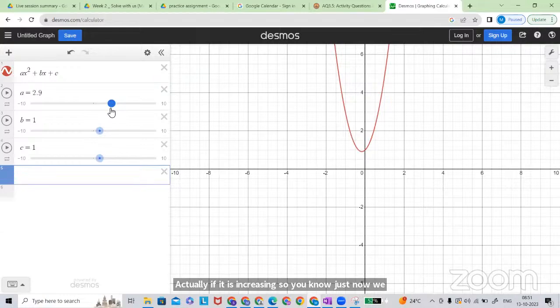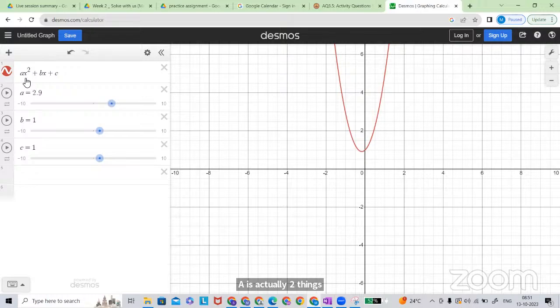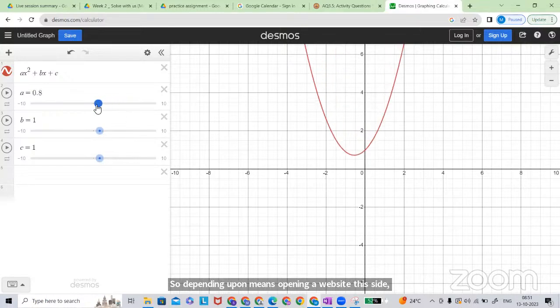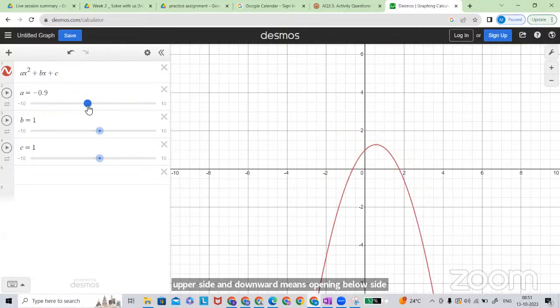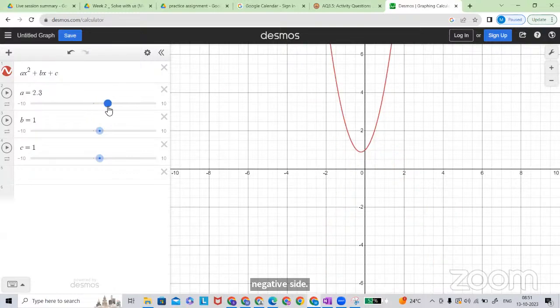So a plays two important roles in the quadratic. One is opening upward or downward. Opening upward means opening on the upper side, and opening downward means opening on the below, negative side. So this is the meaning of opening downward, and this is the meaning of opening upward.